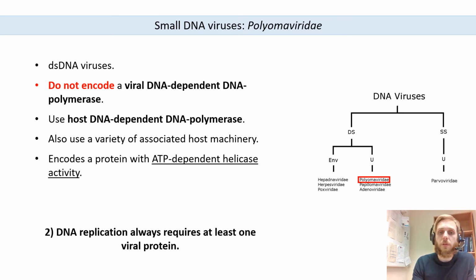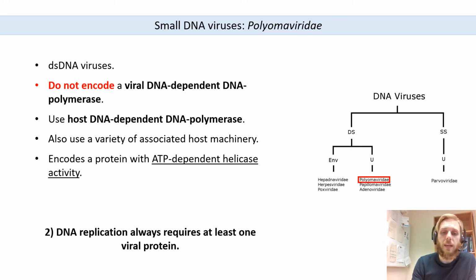For these small DNA viruses, and again the example here is polyomaviridae, even though they're dependent upon the host DNA-dependent DNA polymerase, they do encode at least one of their own enzymes involved in the process. Again, we talked about these accessory enzymes, these enzymes that play a role in DNA replication, but they're not the key protein, they're not the actual DNA polymerase.